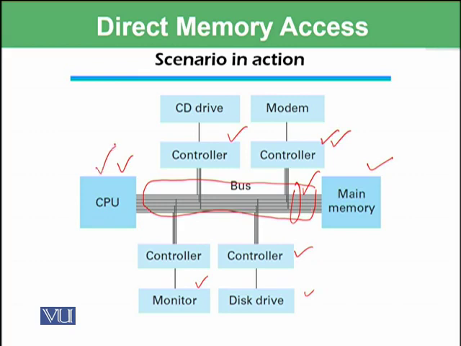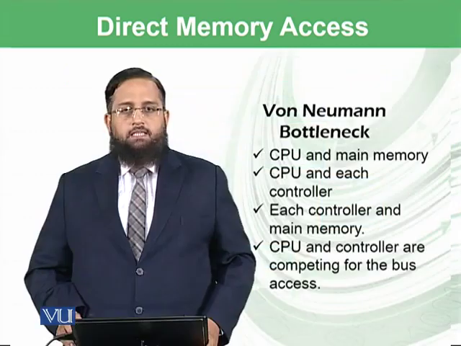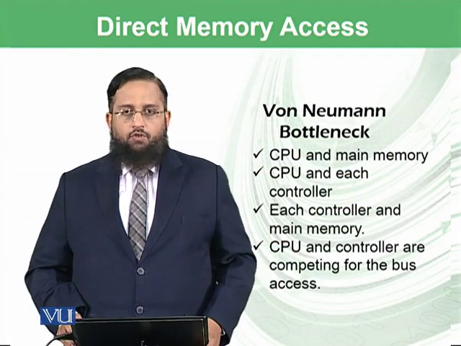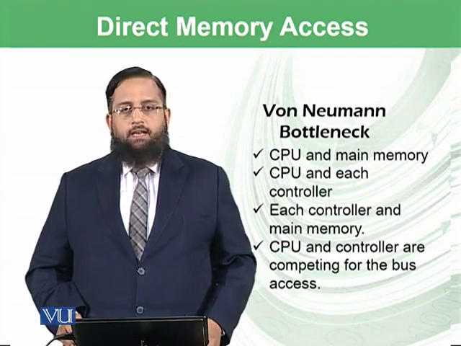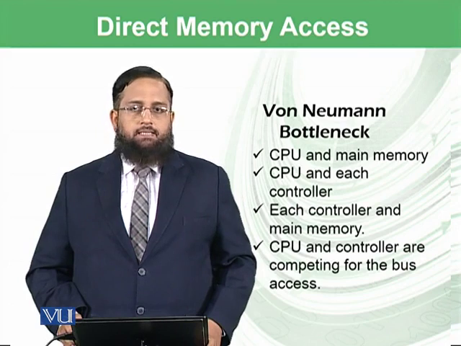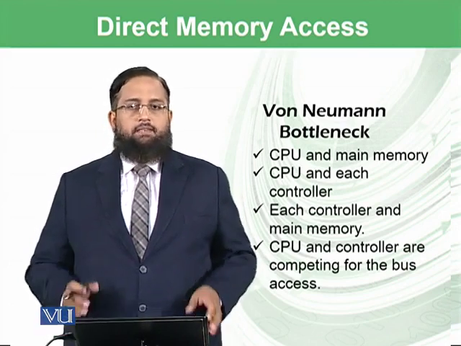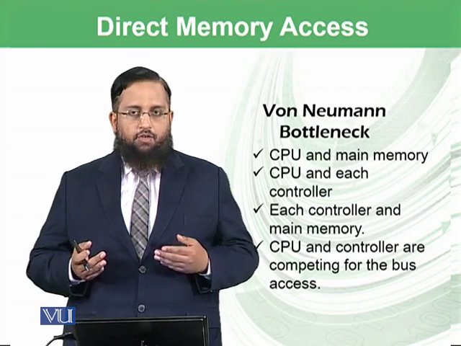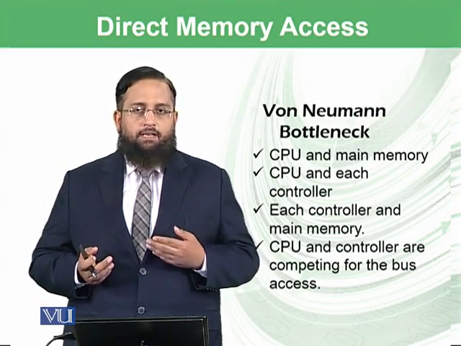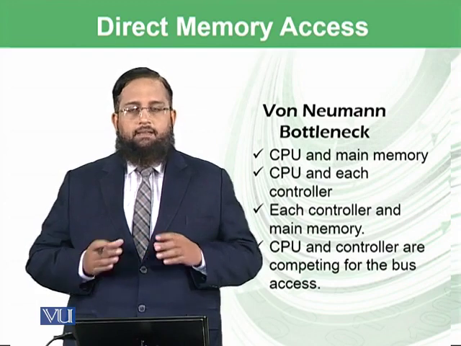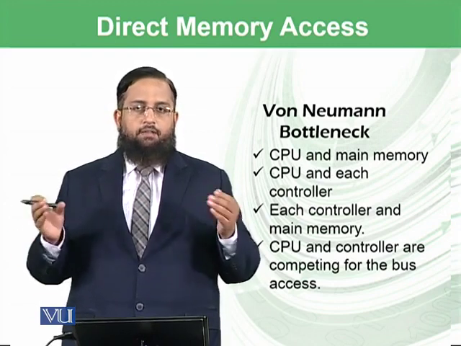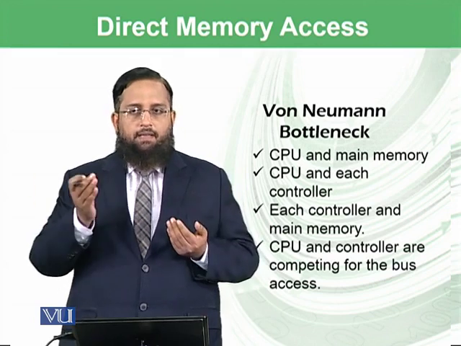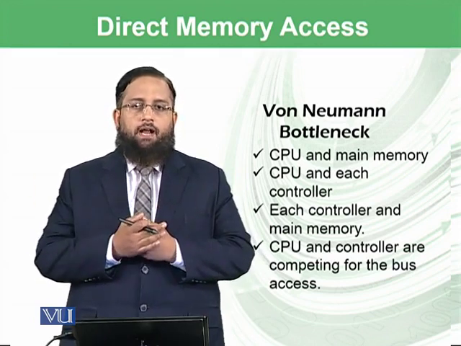by the CPU. However, if the same bus is being used by the CPU and the controller, then we will have a problem. Such a problem is known as the von Neumann bottleneck. In fact, the CPU is connected with the main memory using the same bus, and the controller is also utilizing the same bus. In the von Neumann architecture, it was mentioned that there is a central bus and everything like the CPU, main memory and all of your controllers will be connected to that bus.